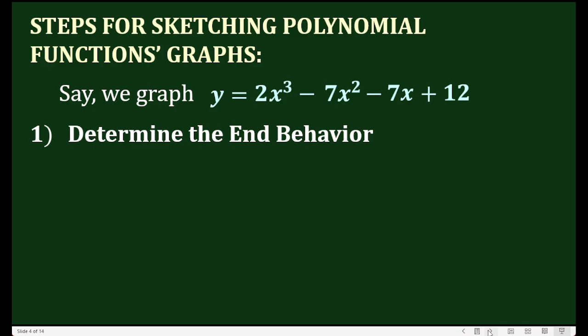For the first step, we need to determine the end behavior. Meaning, we need to find out the behavior of the left and the right side of the graph of this given polynomial function. Therefore, we observe particularly the leading term of this function, particularly that is 2x cubed.